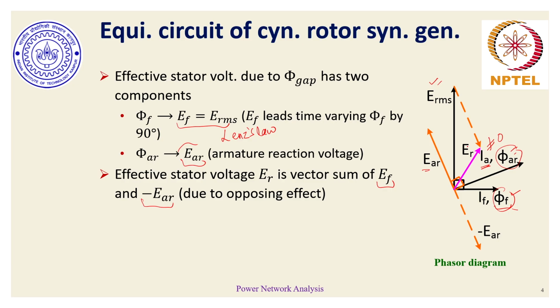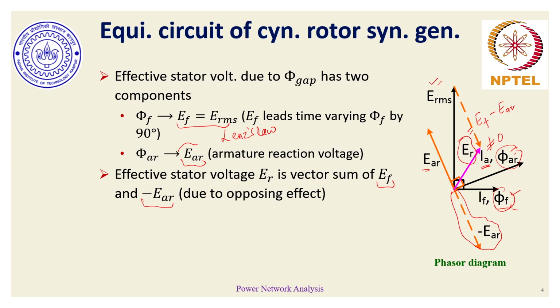The armature or stator voltage ER is the vector sum of EF and this negative minus EAR. This dotted line indicates minus EAR. When we superimpose this on the tip of EF, we get ER as EF minus EAR.